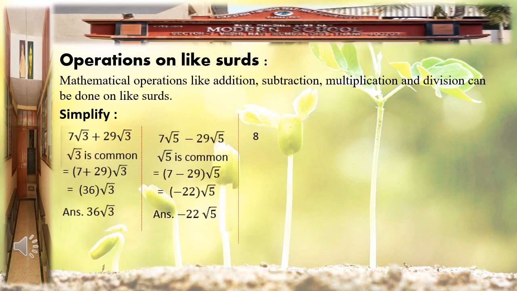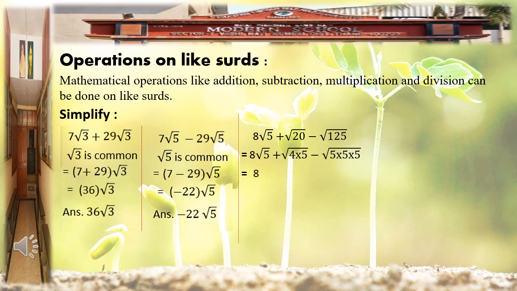Now, we have to simplify 8 root 5 plus root 20 minus root 125. Solving it, we get 8 root 5 plus under root 4 into 5. Here 20 has been written as 4 into 5. Then further 125 is written as 5 into 5 into 5. In next step 8 root 5 is same.